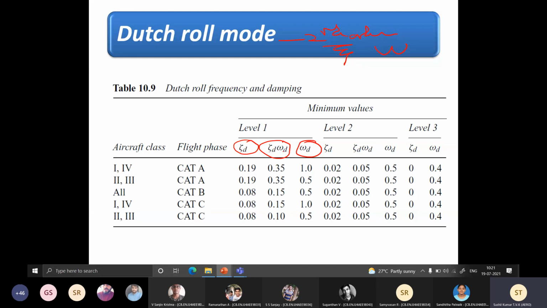So you find that as the level increases, the zeta value decreases. So here it is around 0.19. So when you go in this direction, it's decreasing. In fact, on to zero or so.